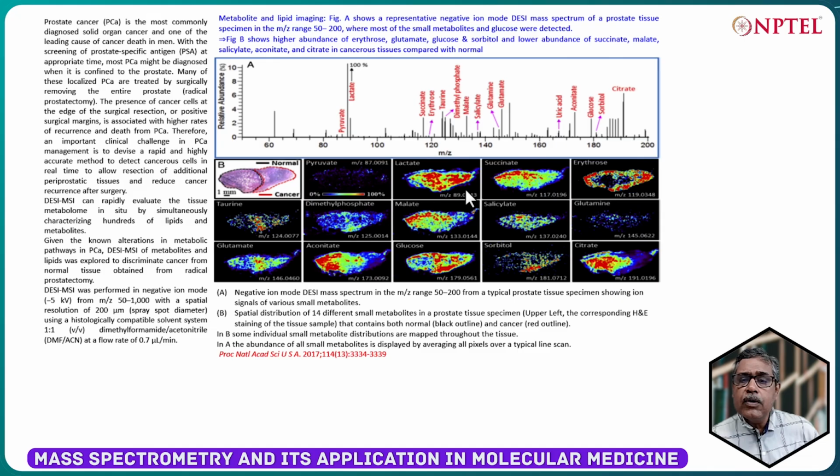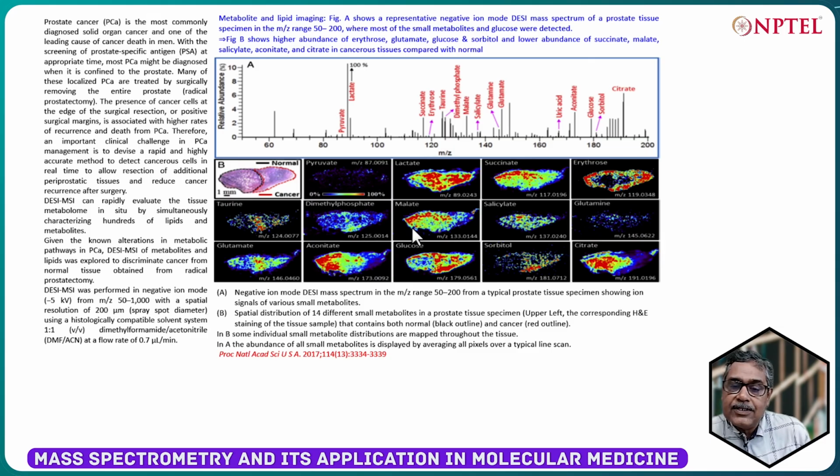These metabolites, like lactate, succinate, erythrose, malate and glucose, are higher in concentration. You see this right side is the cancerous zone. On these sides, whatever metabolites are in excess are labeled here; those are higher in concentration in the cancerous region, whereas aconitate is more in normal and less in cancer.